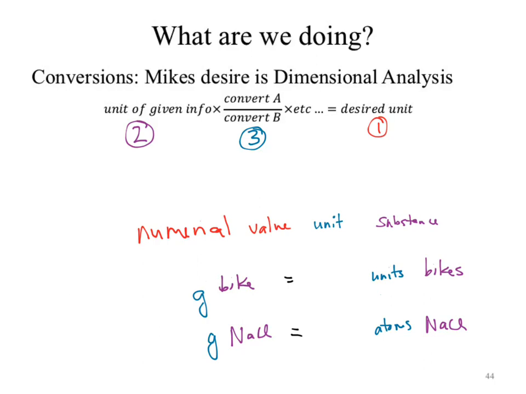Sodium chloride is not a single element, it's a molecule. So this is where chemistry is now adding terms. We now have to know that the unit of bikes is now a molecule of sodium chloride, is an atom of sodium. We're adding that term to help clarify that we understand what sodium chloride is. That's it.